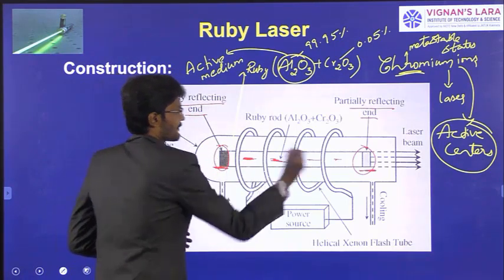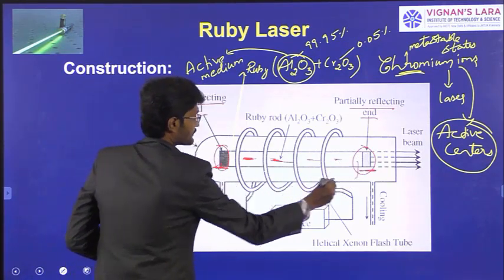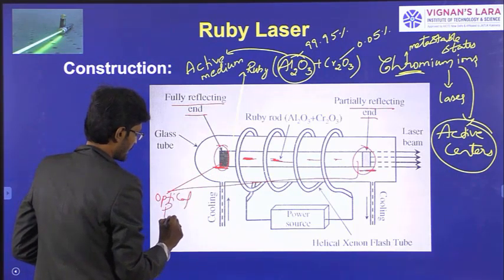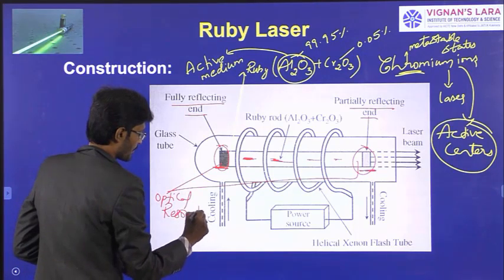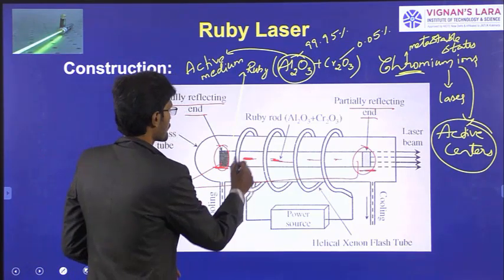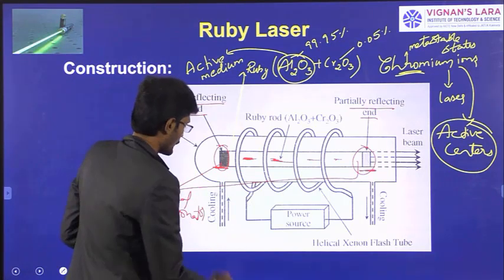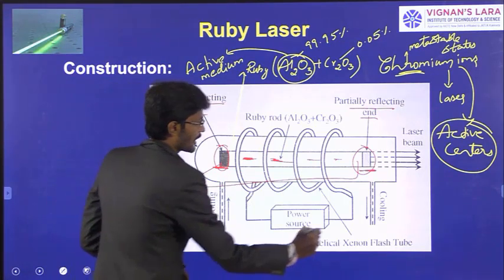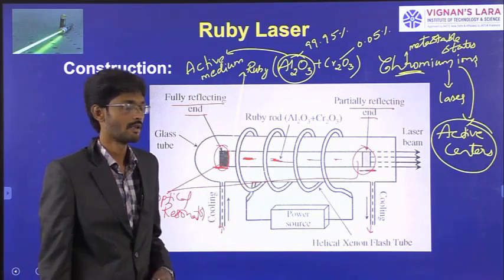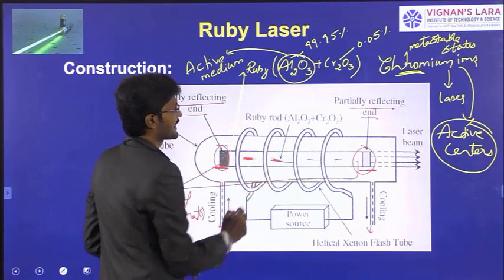Therefore the end surfaces of the ruby rod act as the optical resonator or optical cavity. And this ruby rod is enclosed in a glass tube which contains the inlet and outlet for the flow of coolants.